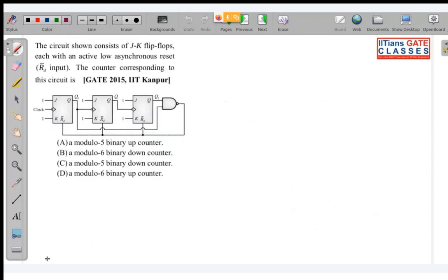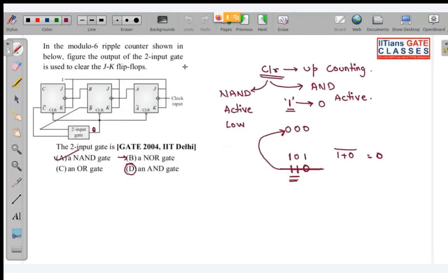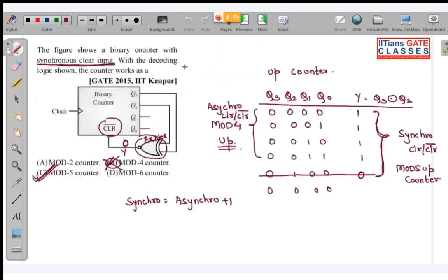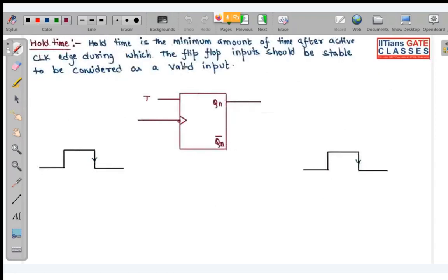So next question, tell me now what will be this. You can see such kind of question has been asked recently also. Just give me a minute, let me check how many more questions we have.